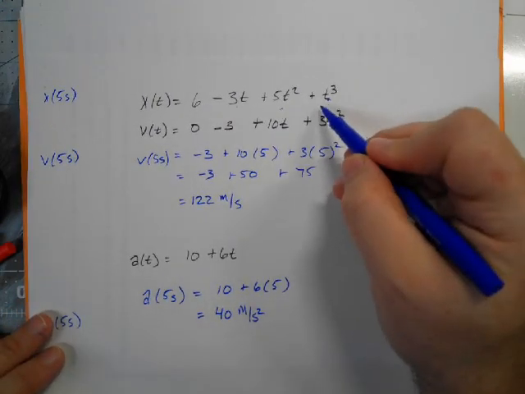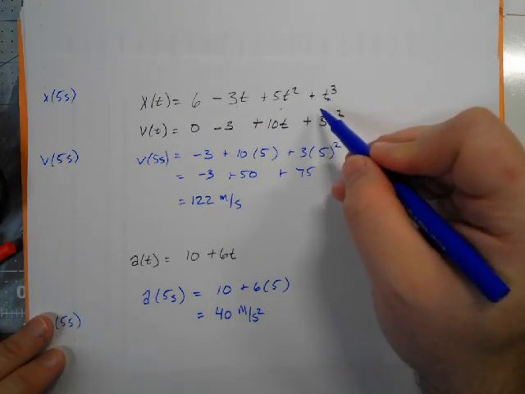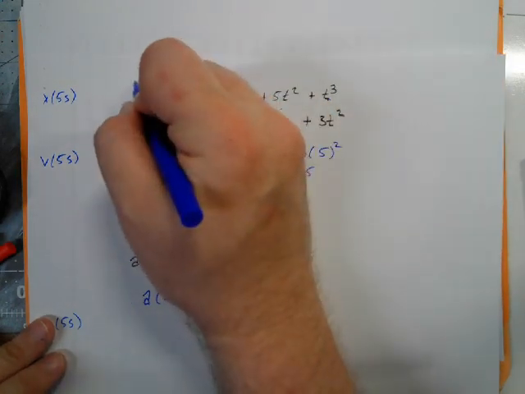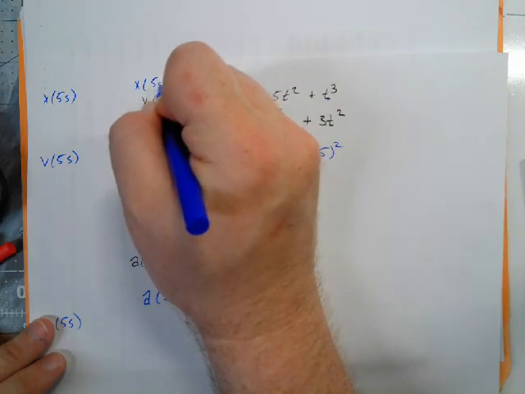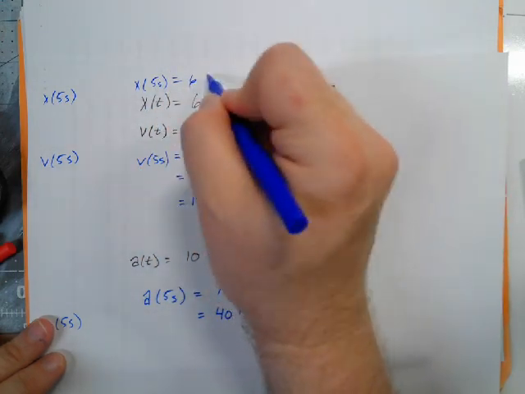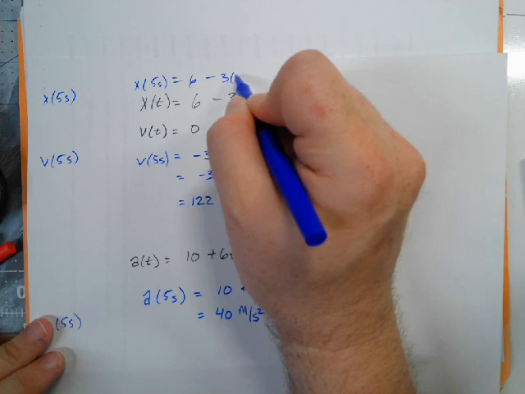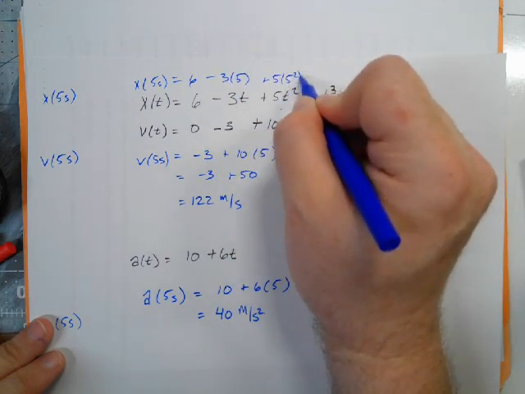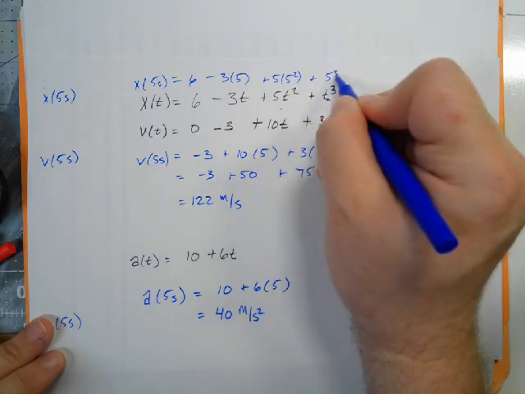And so finally, this term has a hidden coefficient of 1. So everything in the top will turn to meters. X of 5 seconds is 6 minus 3 times 5 plus 5 times 5 squared plus 5 cubed.